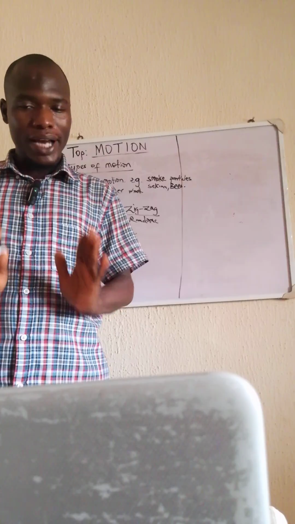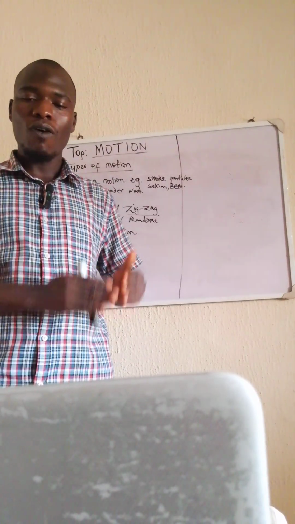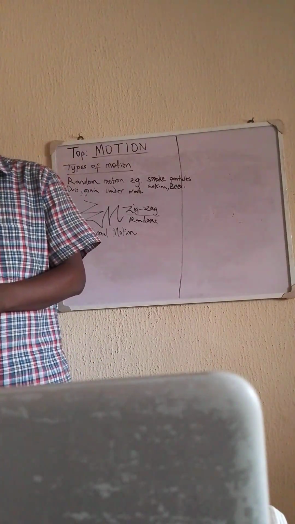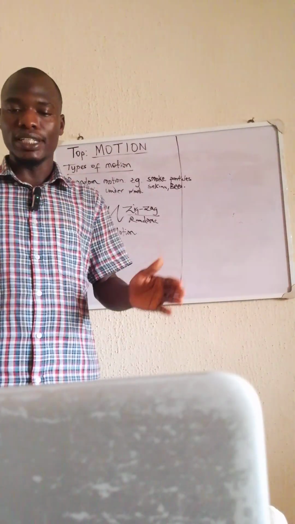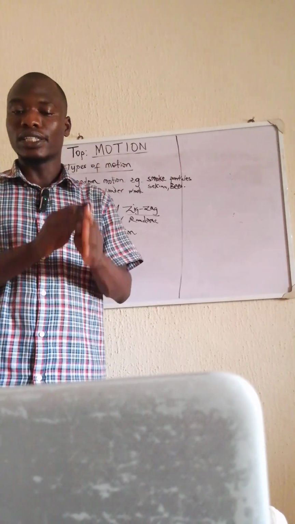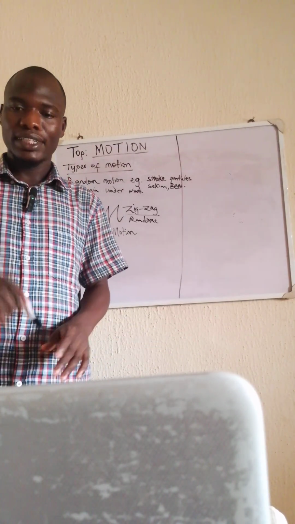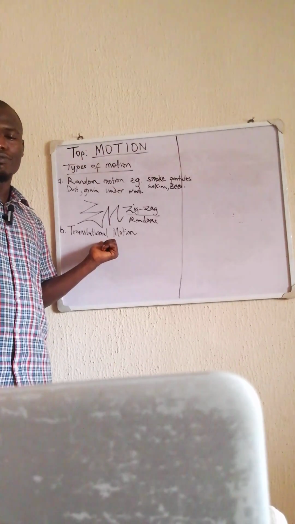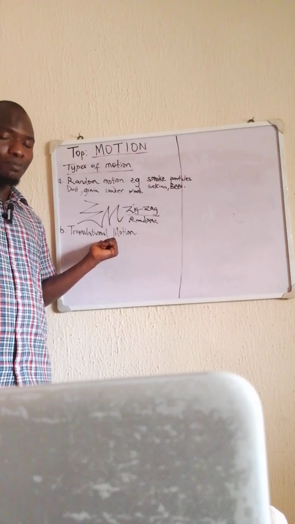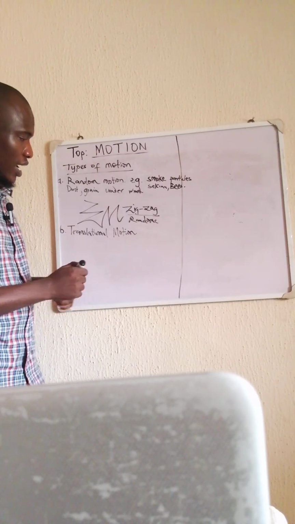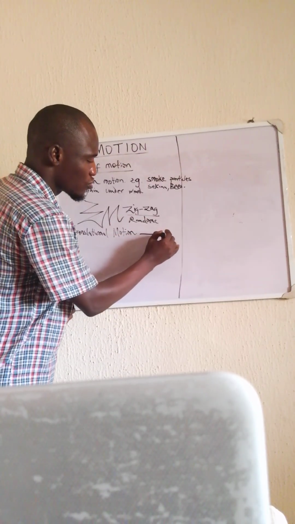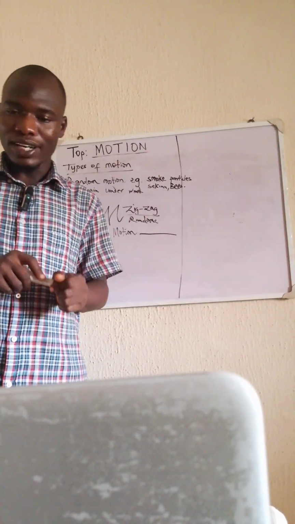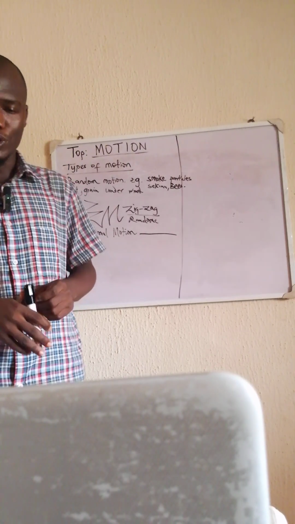If a body or matter moves from one point in space to another point, and that path of movement is a straight path, that type of movement is referred to as translational motion. It travels or moves on a straight path. You say that type of motion is translational motion.